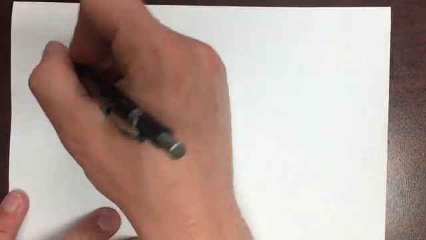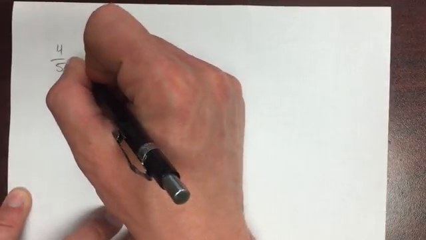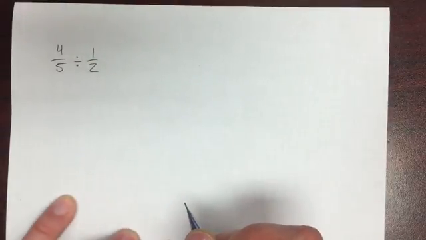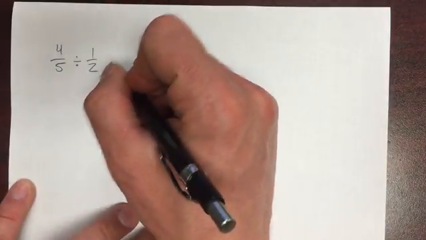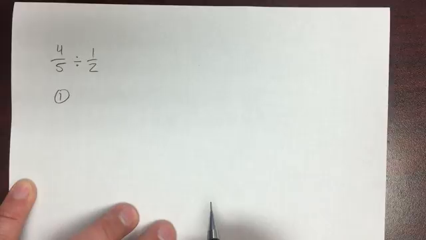Okay, let's look at one more problem, and I'm not going to show you the steps this time. Let's look at 4/5 divided by 1/2. Okay, so step number 1 is make the divisor its reciprocal.